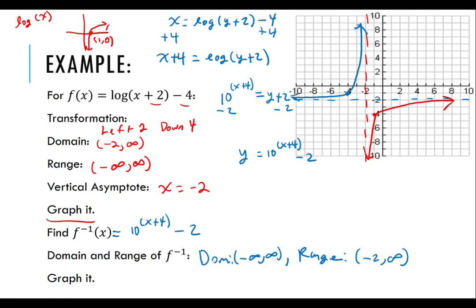Then, of course, you can notice that if we were to plot the line y equals x, the reflection across this line gives you the blue and the red graphs, respectively, because they are inverses of each other. And so you could use that line as a reference, y equals x, being where you mirror these two graphs.